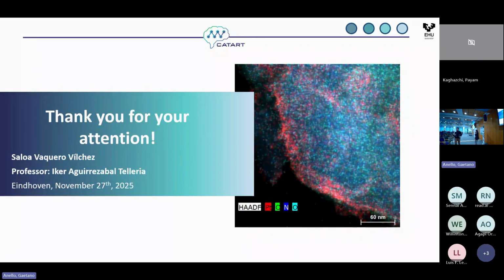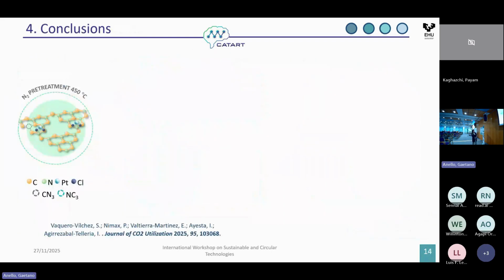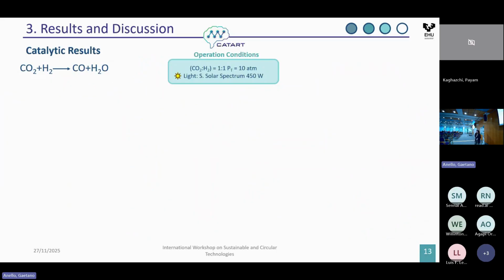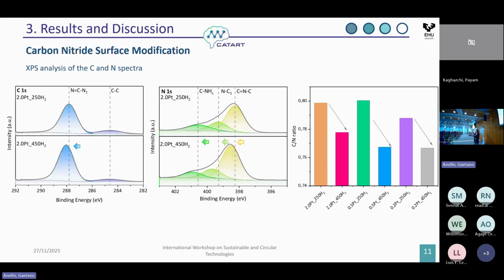There's another one from the back. Nice presentation, Salva. So I was wondering what is happening with the XPS. You see that it's shifting to higher energy values, because maybe it's also changing the electron density of the carbon nitride.